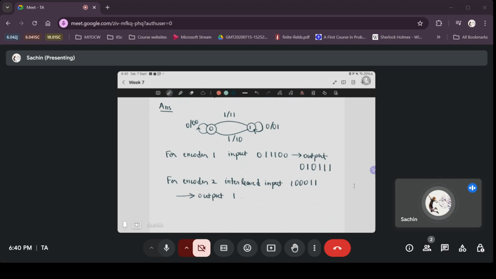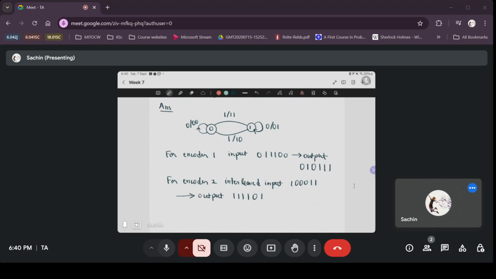You get a 0, you stay in state 1, get an output 1. Again, a 0, another 0, so 1, 1, 1, 1. Now you're in state 1 and your input is 1, so you go to state 0 with an output 0. And again, your next input is 1, so you go to state 1 with output 1. 4 0s... 4 1s, a 0 and a 1.